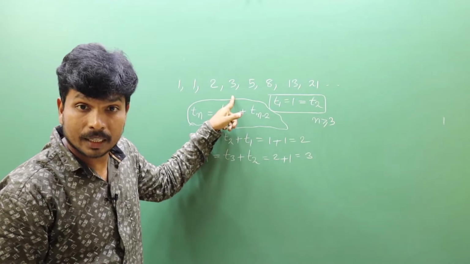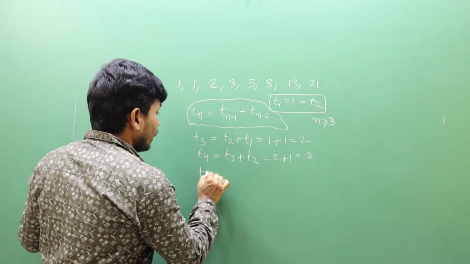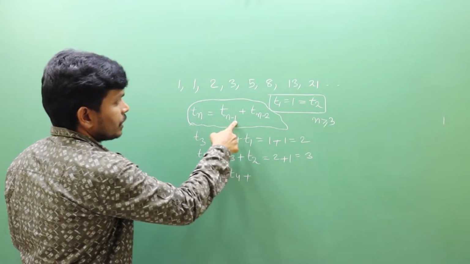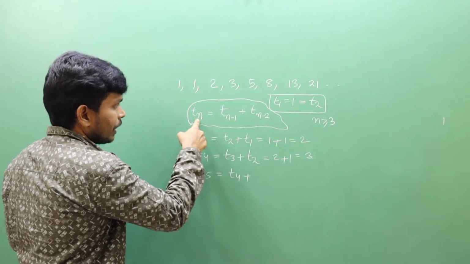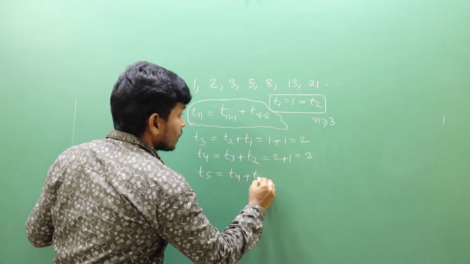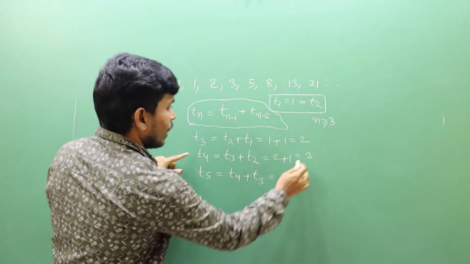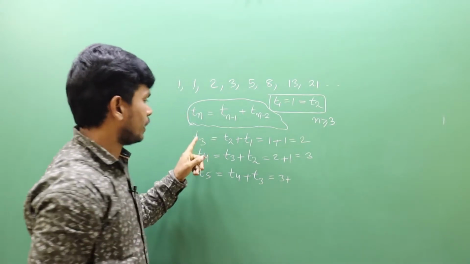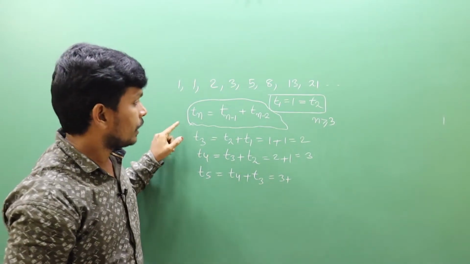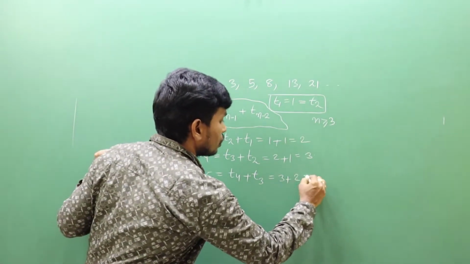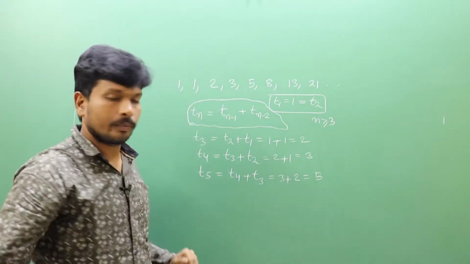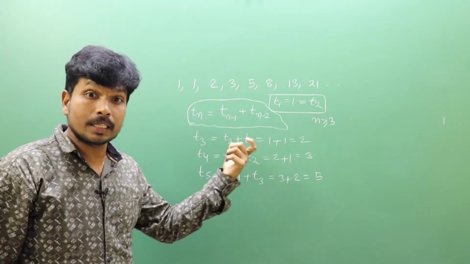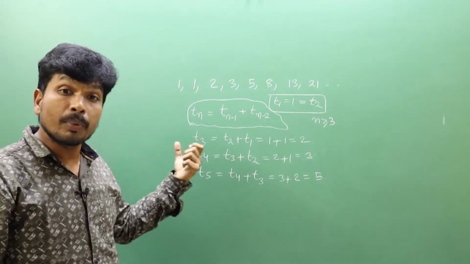Next, t5 is equal to t4 plus t3, because n minus 1 is one less than n. The t4 value is 3 and the t3 value is 2, so 3 plus 2 is 5. Like that we get each new term by adding the two successive terms before it.